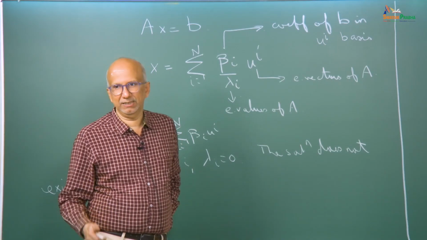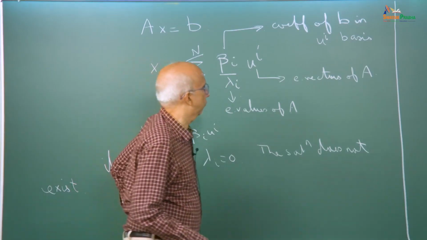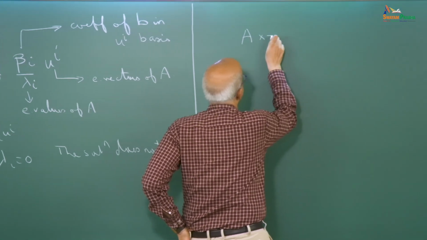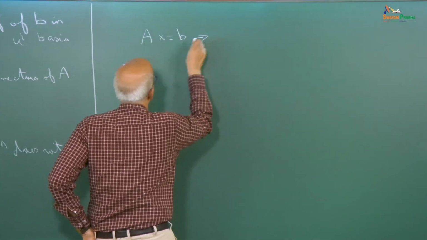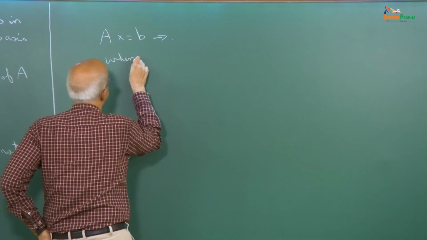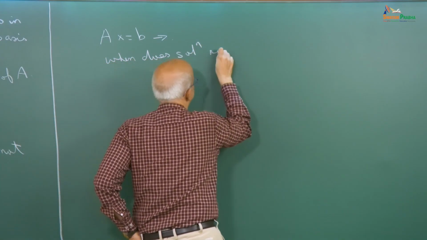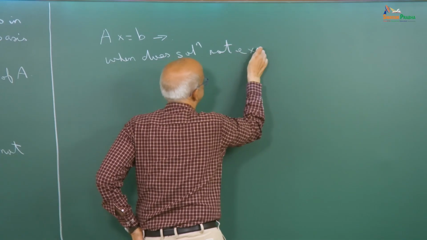So, what exactly does this mean? If you have an equation of the form Ax equals b, when does the solution not exist?